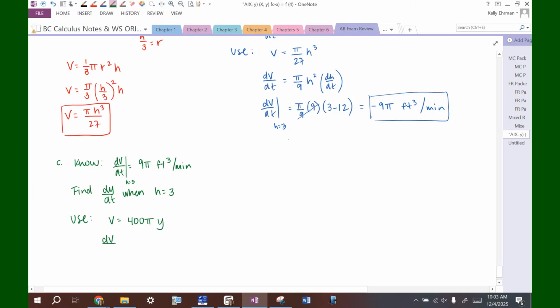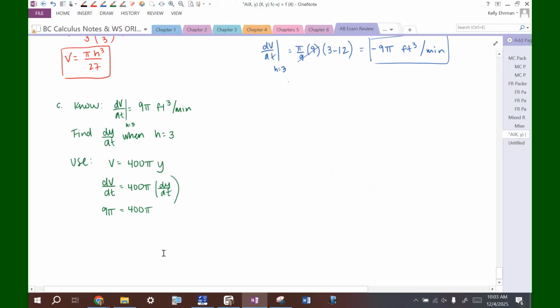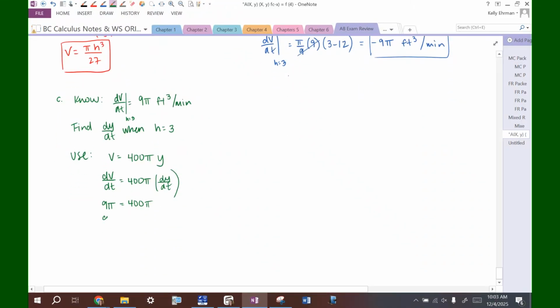So I'm going to take the derivative with respect to t of both sides. The derivative of y is just 1, so dy/dt. And again, we know this is 9 pi. So we just divide. The pi's are going to cancel out, 9 over 400, and the label would be back to feet per minute, because we're just talking about the height of the cylinder. So that's a linear measurement per minute.